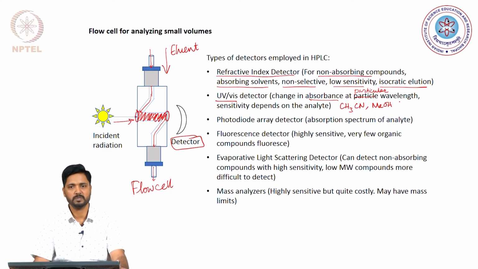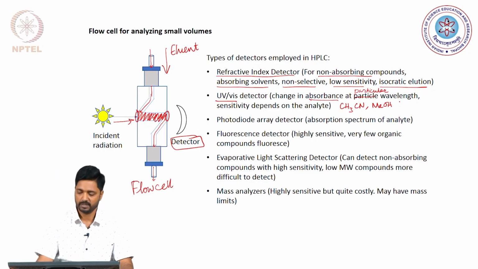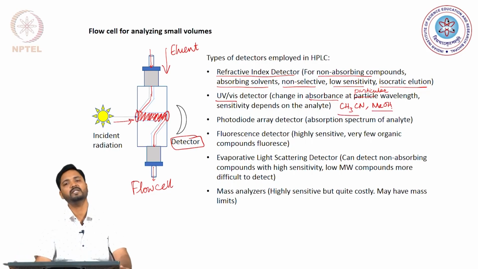UV vis absorption profile, and the same will be true for aromatic solvents such as benzene or toluene. So, we would be restricted in terms of what solvents can be used when we are using a UV vis detector.